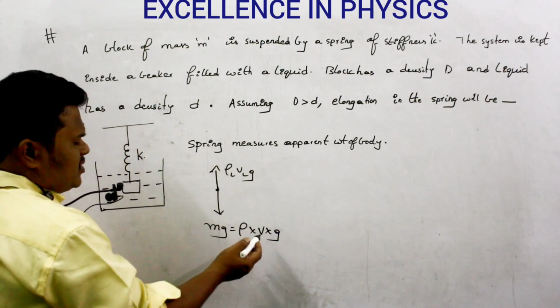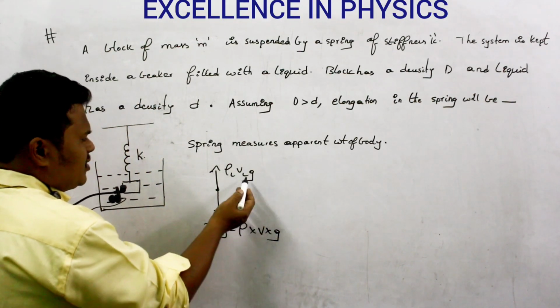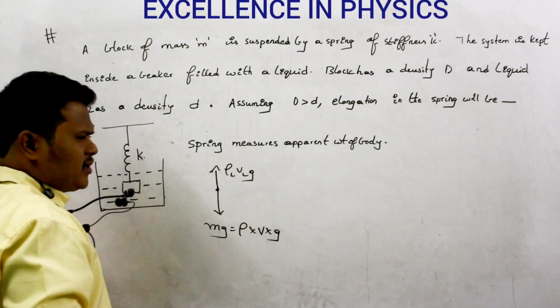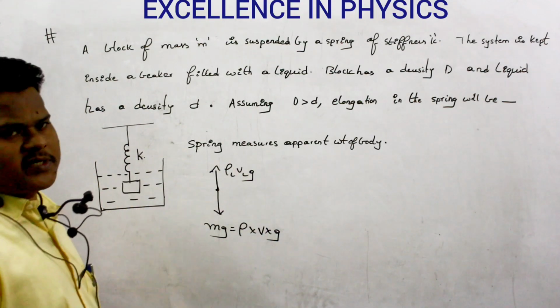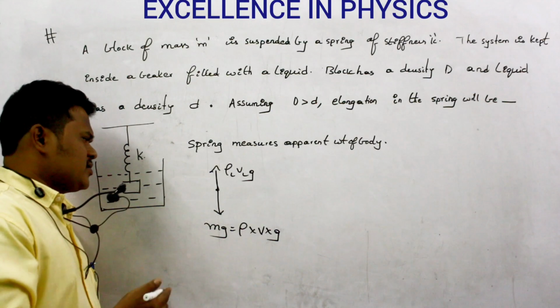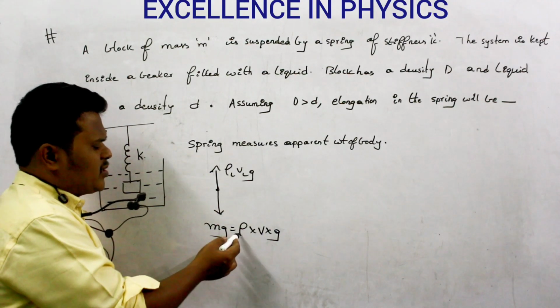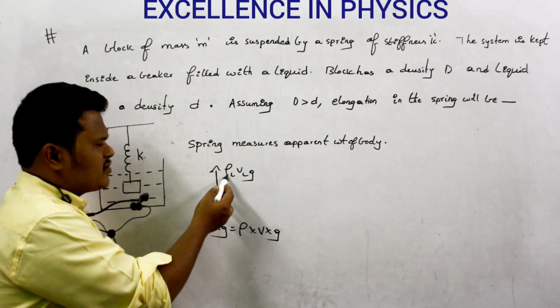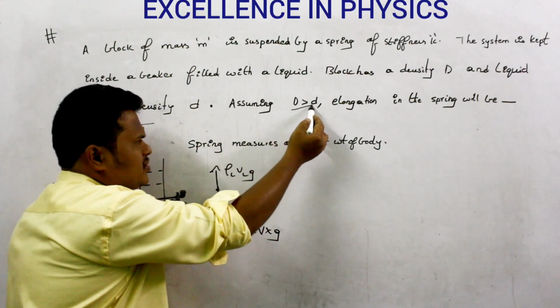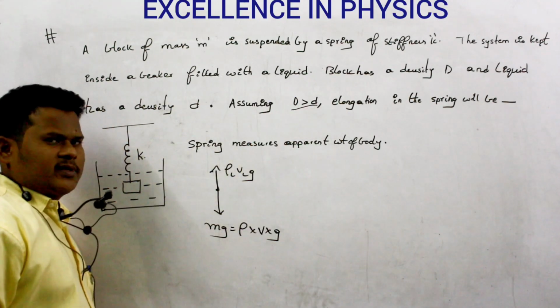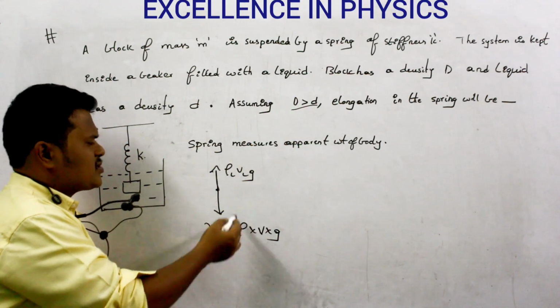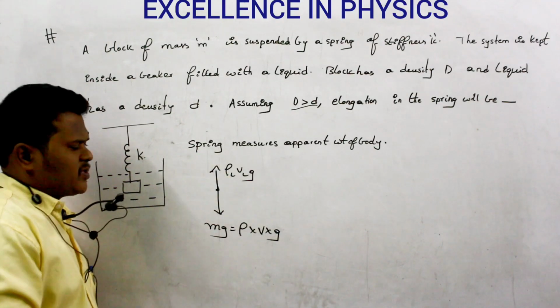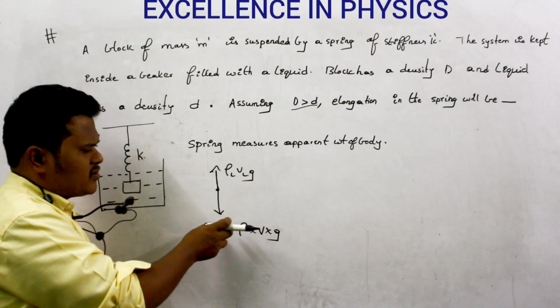In this condition, the volume of this body and the volume of liquid displaced are both equal, because the body is completely immersed inside the liquid. So this is the density of body, this is the density of liquid, and since the density of body is greater, this force should be greater than this force. Therefore the body is trying to come down.